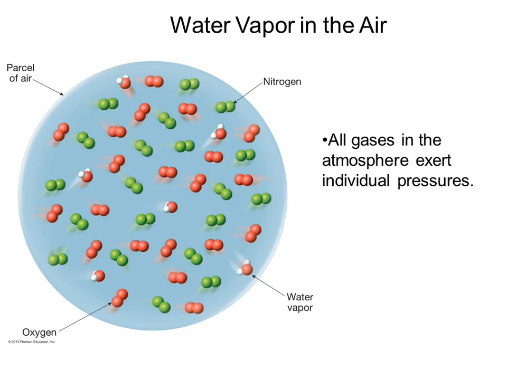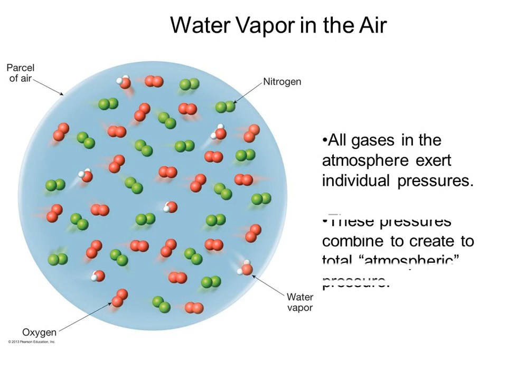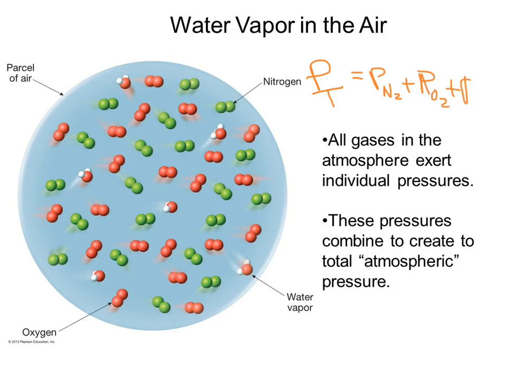We have what we call a partial pressure of nitrogen, a partial pressure of oxygen, and partial pressure of water vapor, and they make the total pressure. Okay. So if you're into equations, which you don't necessarily, PT, the total pressure, is equal to the pressure exerted by all those gases. It's cool. It's a neat sort of thing.